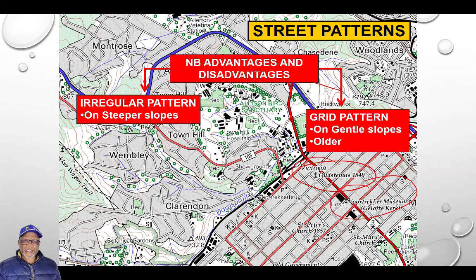Also, because there aren't many intersections, there are few chances of accidents. And it is interesting to drive on. It's not as boring as the grid iron pattern. So these are the application questions that you could get from your examination question.